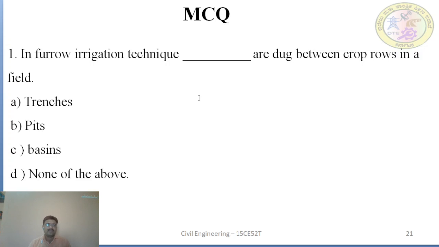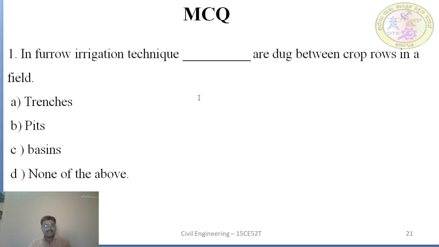First one: in furrow irrigation technique, dash are dug between crop rows in a field. What are the options given? A, trenches, B, pits, C, basins, D, none of the above. After learning the concept of furrow irrigation, you will definitely be able to answer this question.